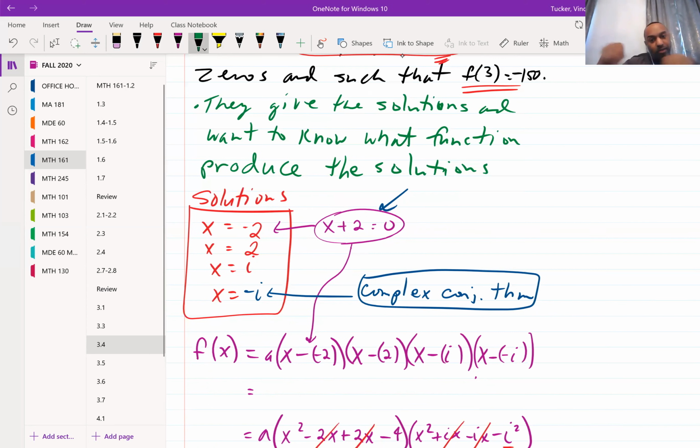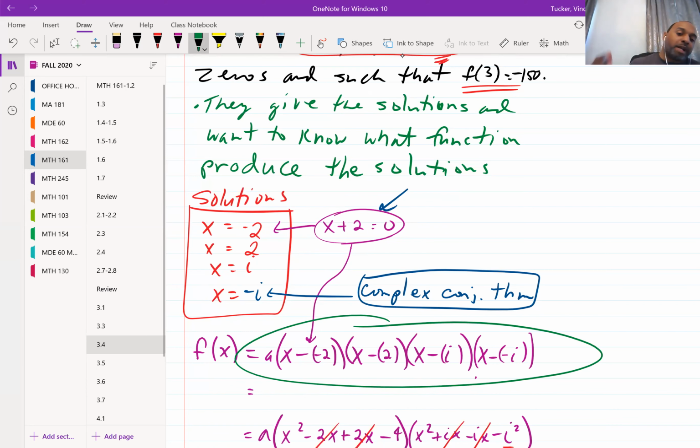So I need to take that -2 back over in order to have x plus 2. I need to use the opposite of each one of these symbols right here. So the way I'll set it up is this way. I will have x minus -2, x minus 2, x minus i, and x minus -i, which will represent those solutions.